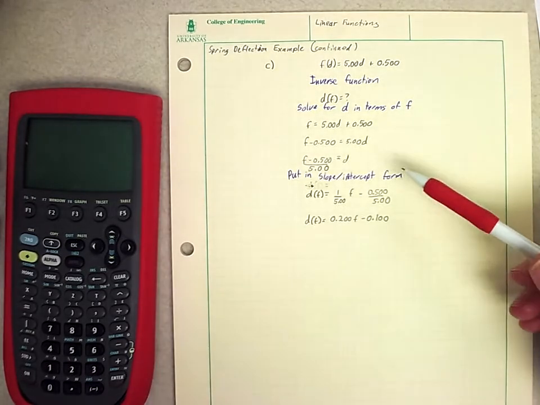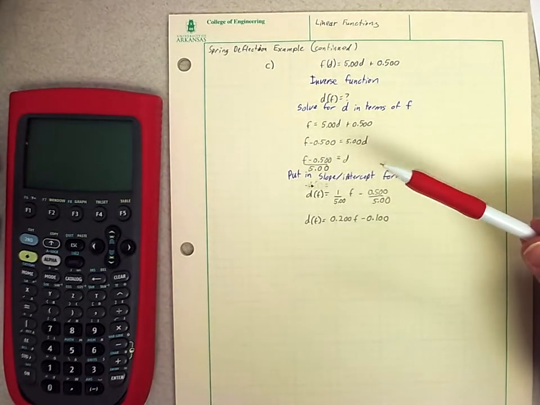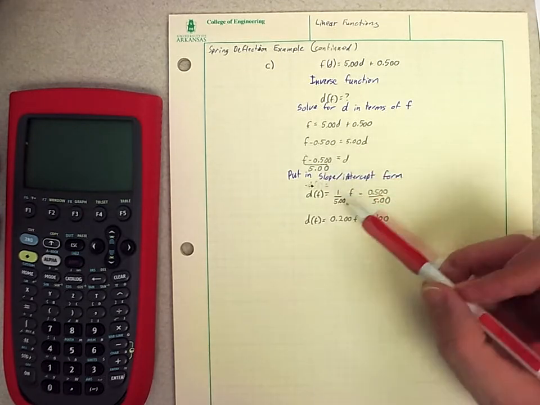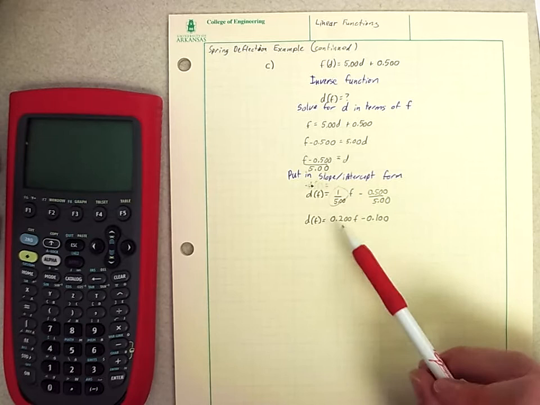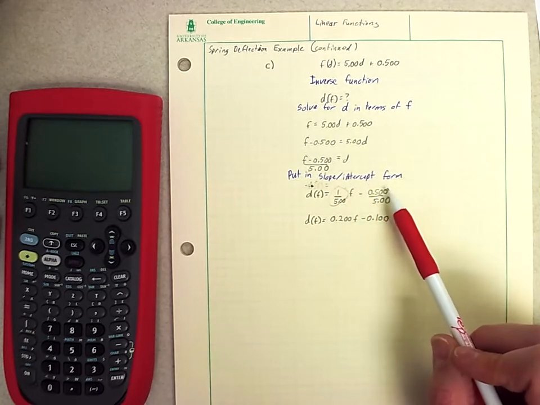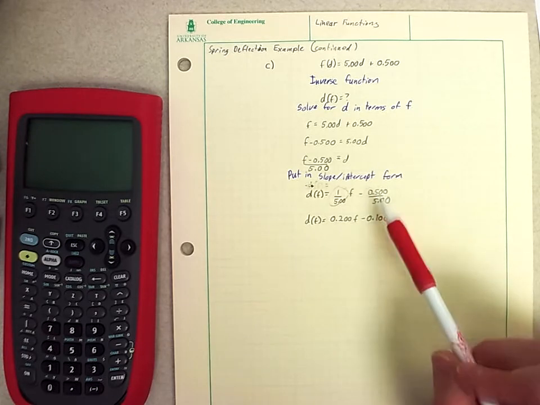So to put it in slope-intercept form, we go ahead and divide each part by 5, and so we get this coefficient of 1 over 5 times f, so there's our slope, and we get a value of 0.500 divided by 5, that's our intercept.